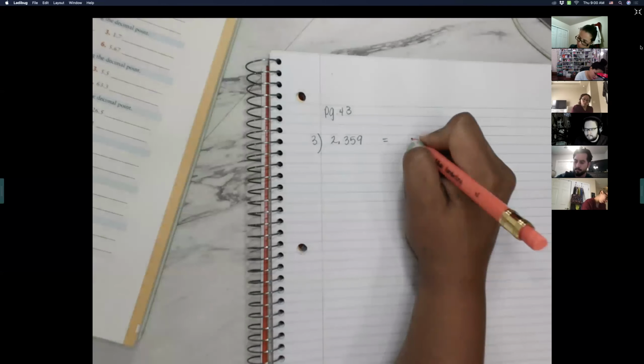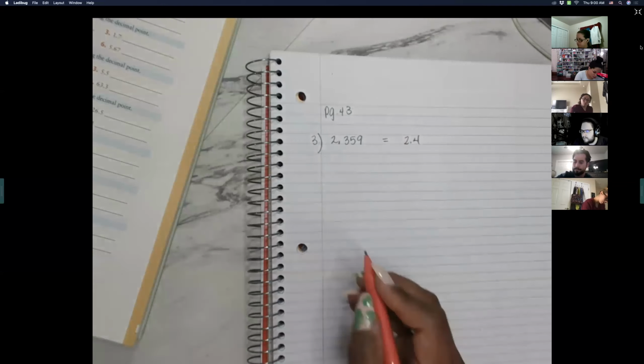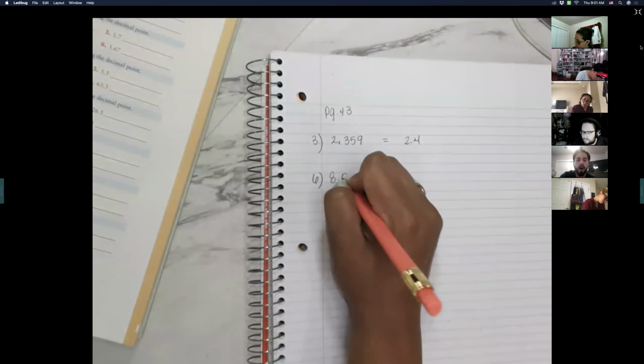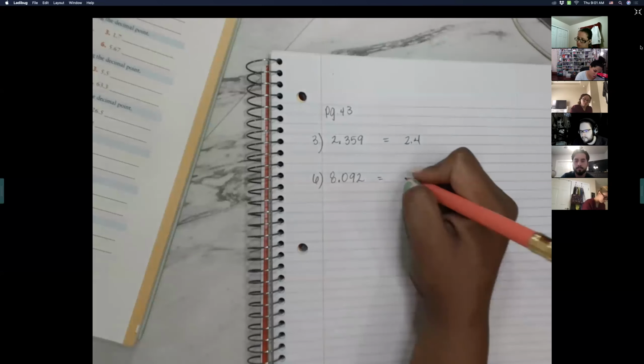So number 3 is asking us to round 2.359 to the tenths place. So what does that look like? 2.4. Perfect. Did everyone get that? Yes. Okay. We'll do number 6 from the same section, 8.092, round to the tenths place. 8.1. Cool.